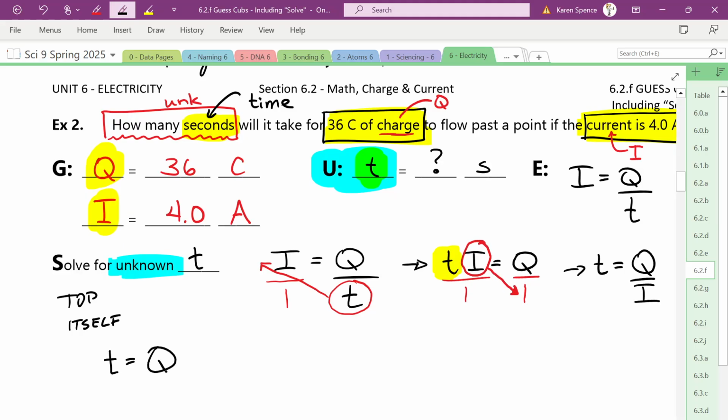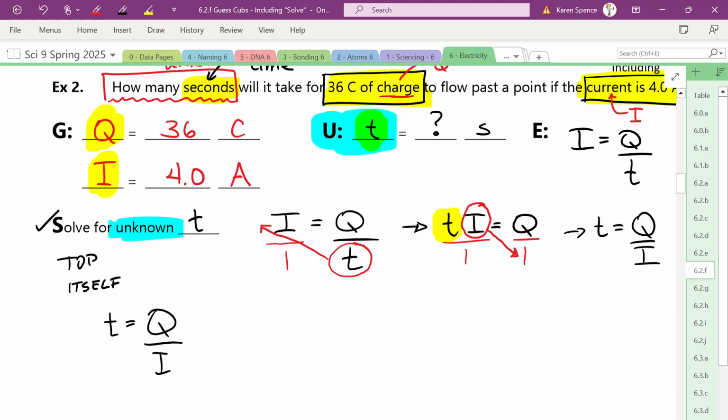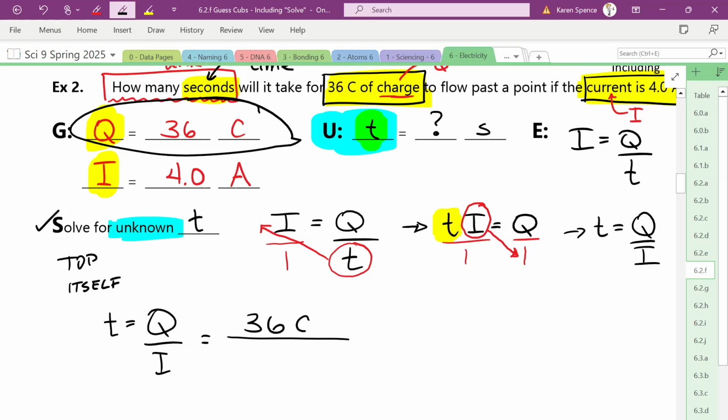I'm going to rewrite that equation because I have solved. What comes after solve? Substitute. So we're going to put, instead of the Q, 36 C for coulombs. For I, we have 4.0 amps.